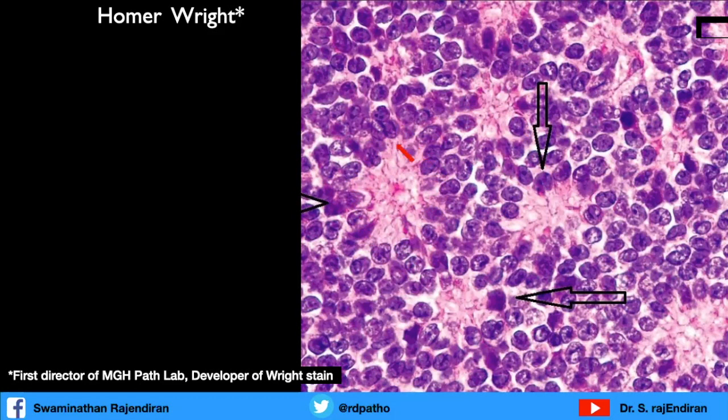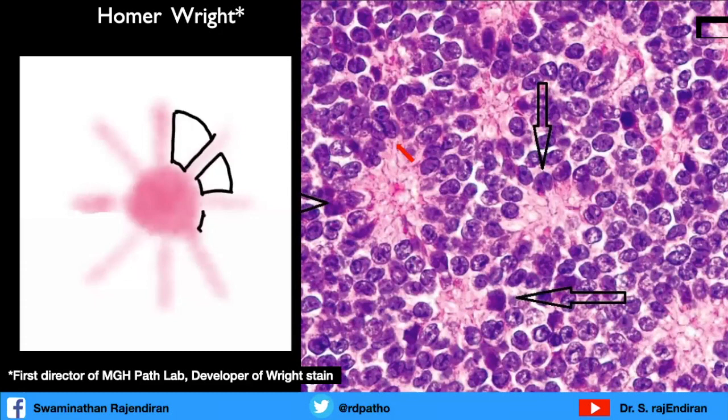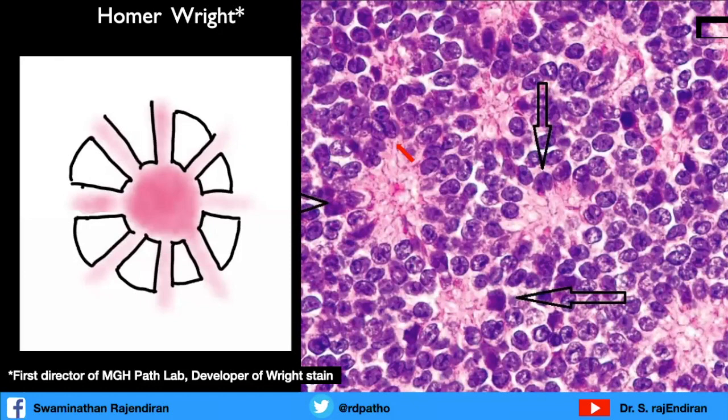Let us see how we can put it diagrammatically. I always believe when you draw it like a cartoon, you will get the basic concept very well. So I'm trying to do a small cartoon of drawing the Homer-Wright rosettes. The central is the neuropil, and neuropil is going in between the cells. We finished drawing the cells, we are drawing the nuclei now. And these neuropils are also seen surrounding the tumor cells.